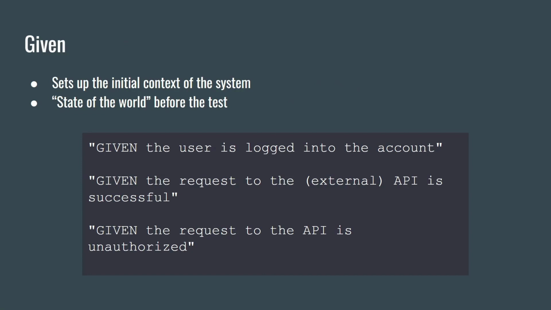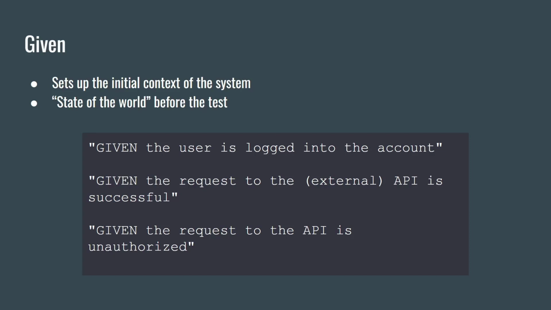So the given sets up the initial context of the system, or state of the world if you want. So it could be like, given that the user is logged into the account. If we have an API or maybe a website that you have to be logged in to actually exercise different parts of the system, this could be one of the initial contexts that we have to set up first.